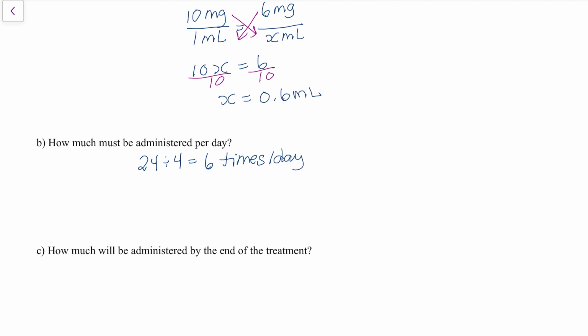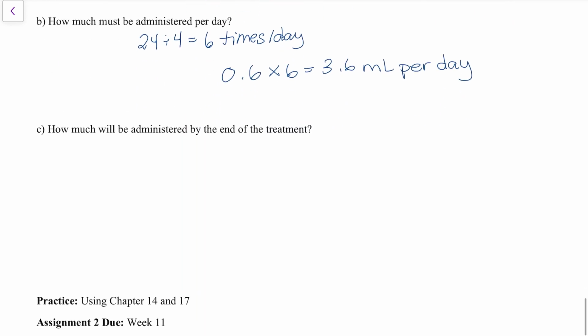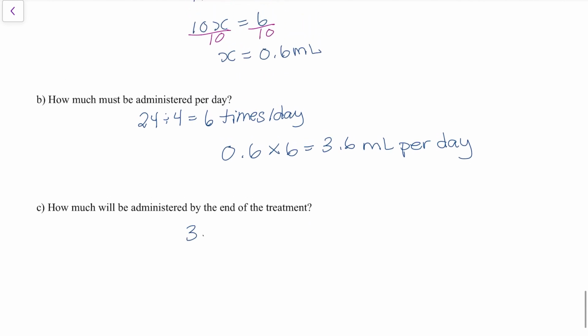So I'm going to take my 0.6 times it by 6, and I get 3.6 milliliters per day. And then by the end of the treatment, so this is going on for 3 days, we're going to do 3.6 times 3 equals 10.8 milliliters by the end of treatment.